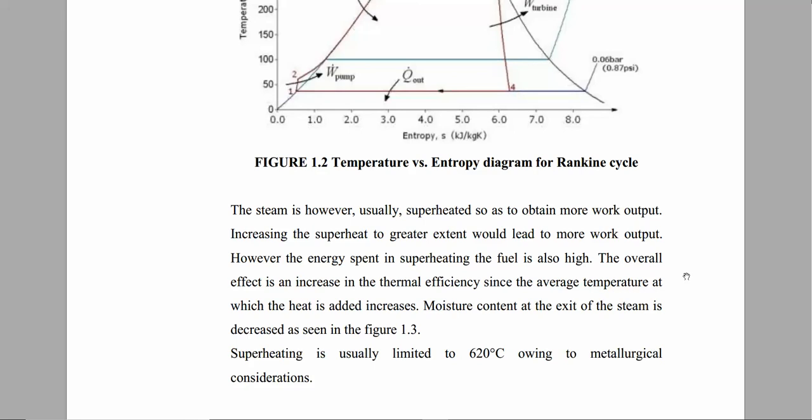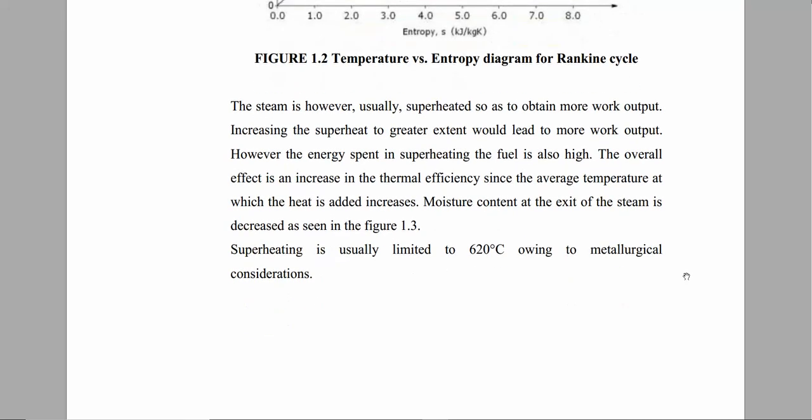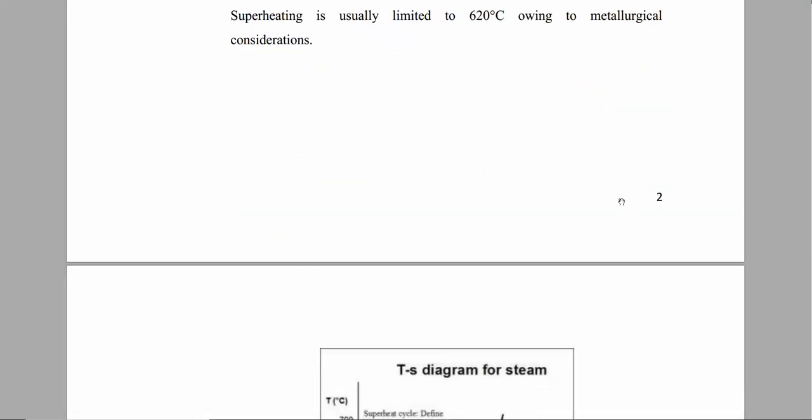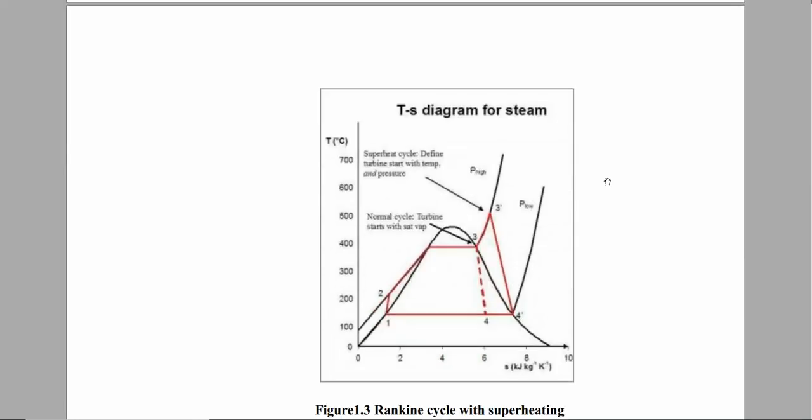The overall effect is an increase in the thermal efficiency, since the average temperature at which the heat is added increases. Moisture content at the exit of the steam is decreased. Superheating is usually limited to 620 degrees owing to metallurgical constraints.